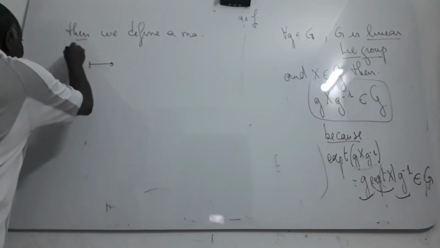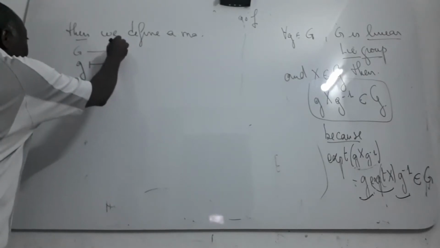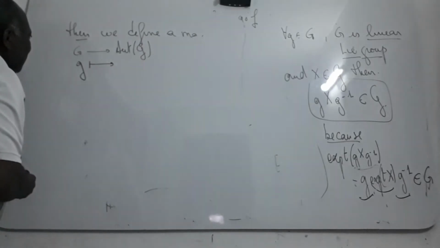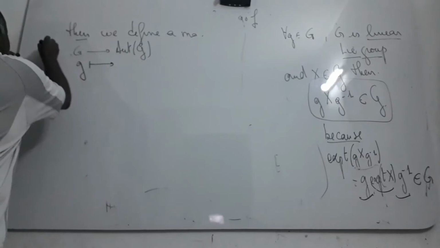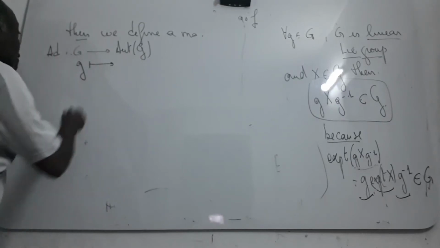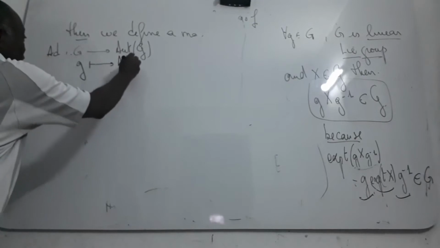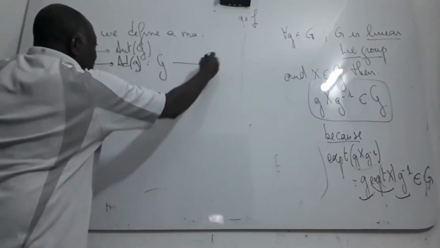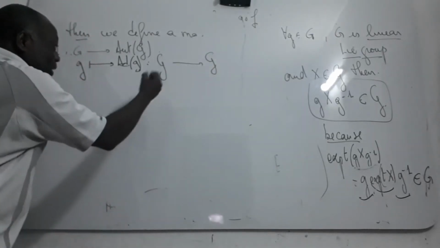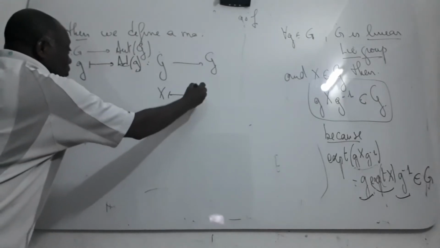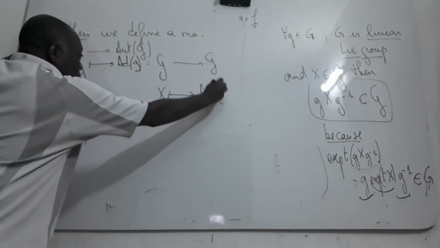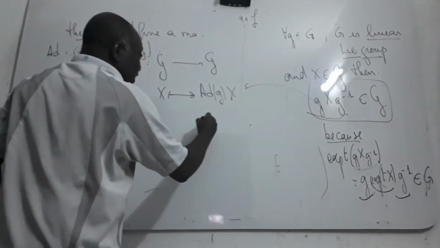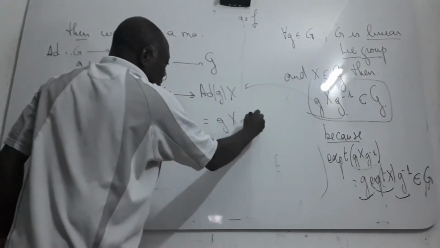From all G, you can get some automorphism of this Lie algebra, which will be denoted, just a notation, AD of G, which is the homomorphism of the Lie algebra. For all X you have this AD of G of X, which is exactly what I put here. This one, which is exactly G X G minus 1.